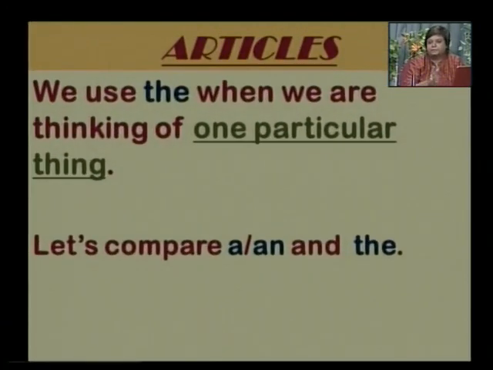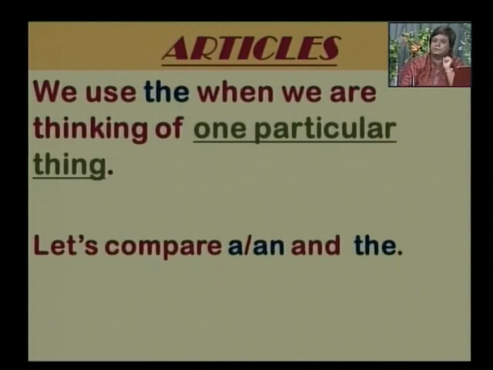Finally, let us take a look at the screen. We use the when we are thinking of one particular thing. When we are talking about one specific thing or person, which article are we supposed to use? We are supposed to use the article the. This is something very, very important.